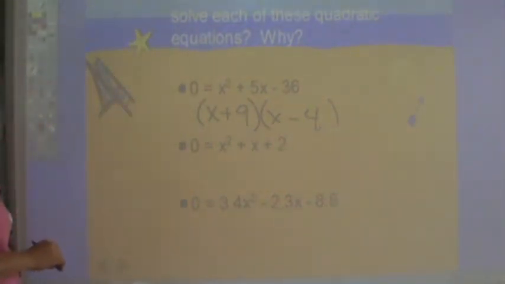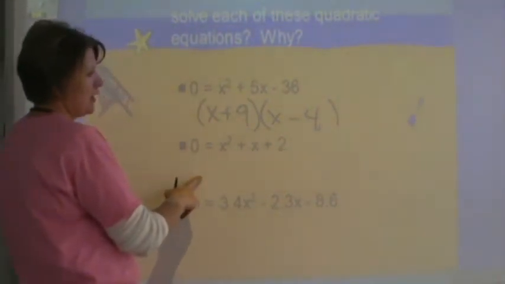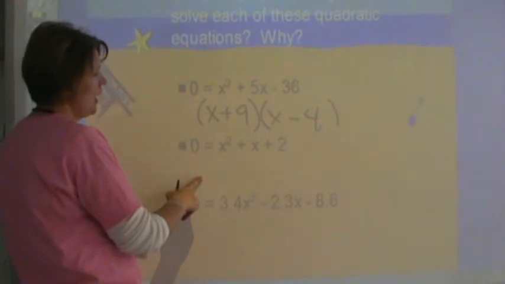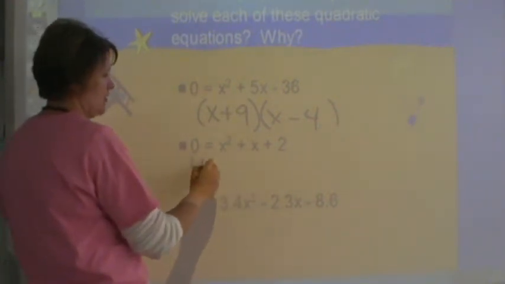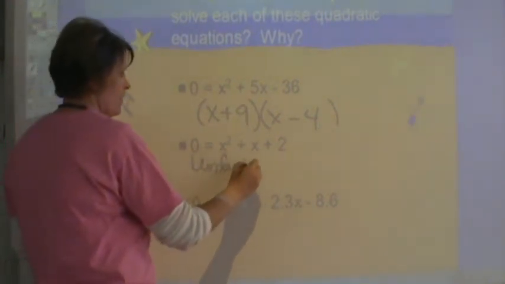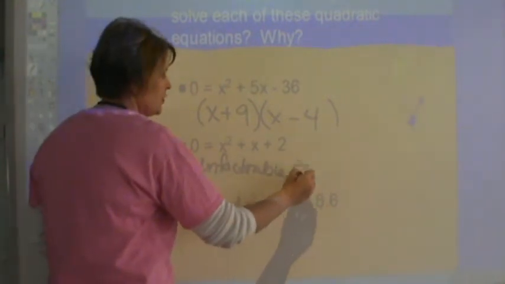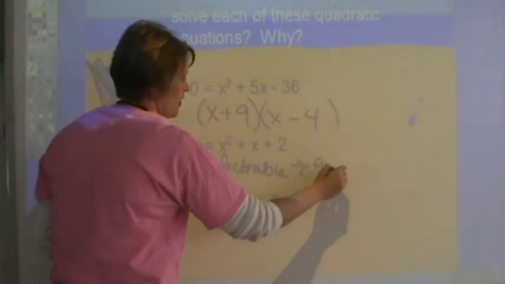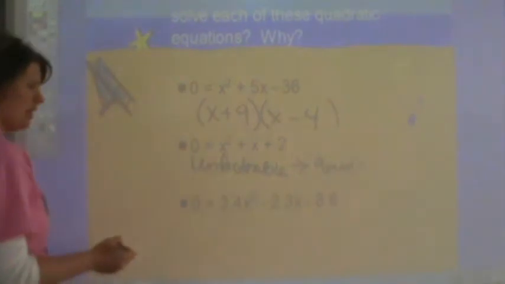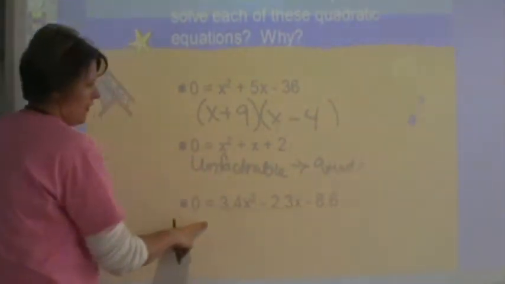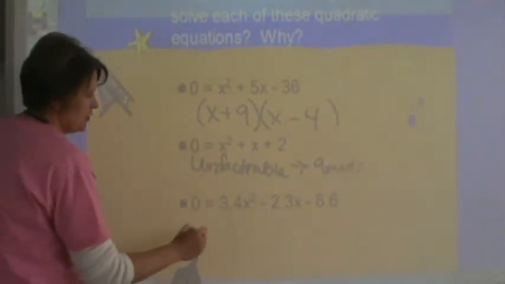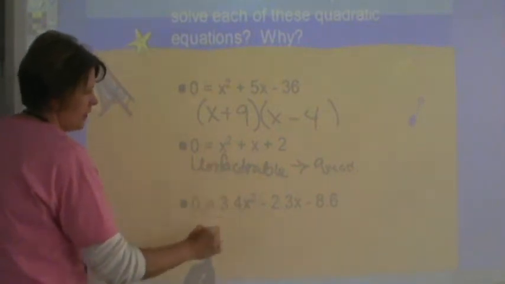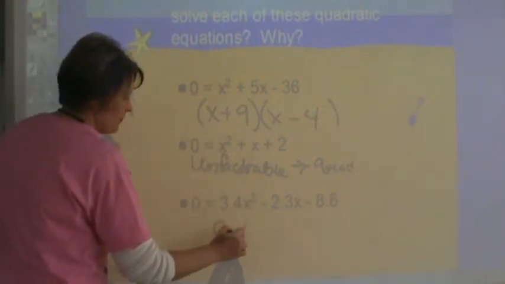Okay, so that's pretty easy. This one we'd have to do the quadratic formula because this is unfactorable. And this one, because there's awful numbers in it, we would do the quadratic formula as well.